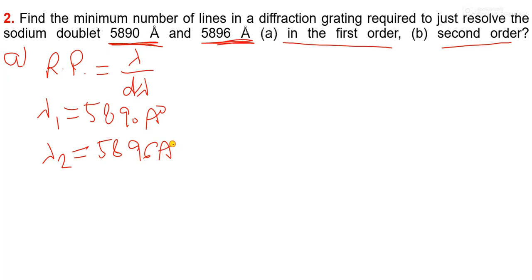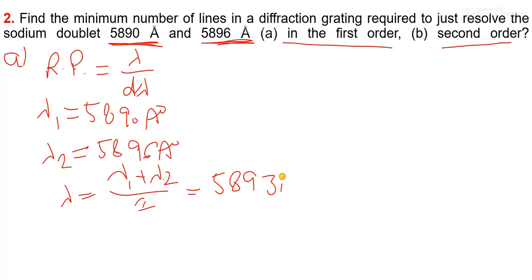So lambda is the average of these two wavelengths, meaning lambda 1 plus lambda 2 by 2, and it comes to 5893 angstrom. And what is d lambda? D lambda is the difference of these two wavelengths, and this is equal to 6 angstrom.